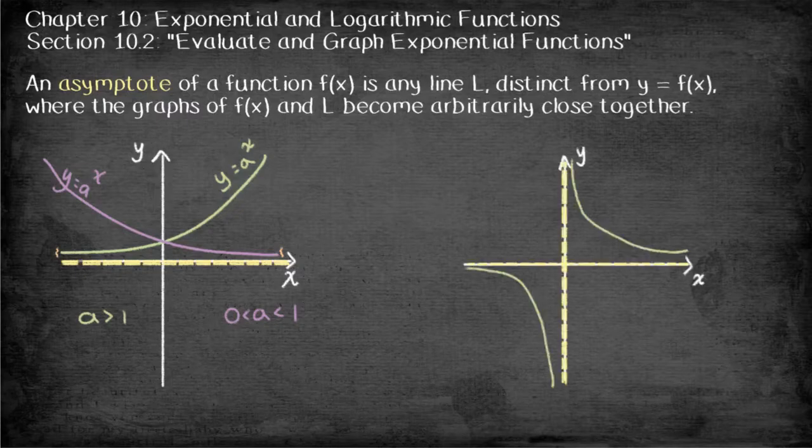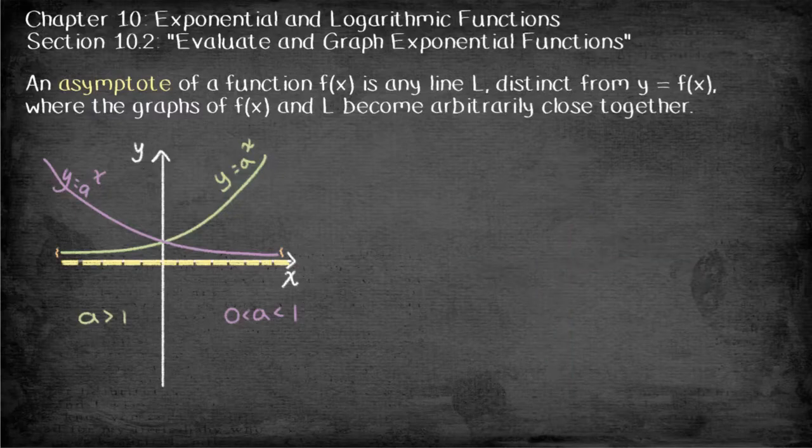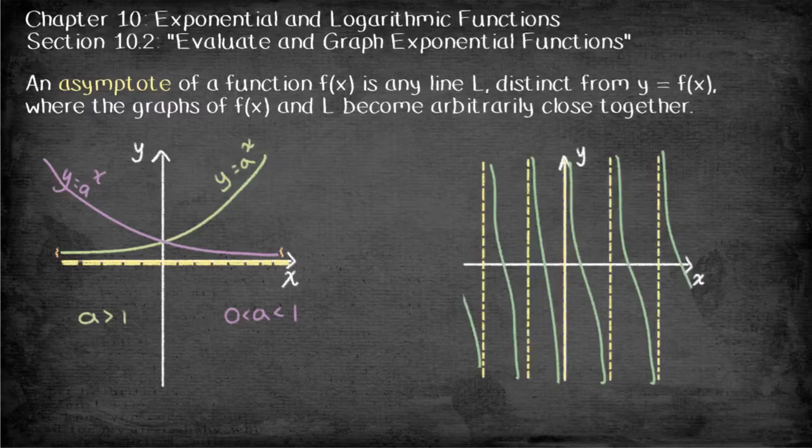Some other examples of asymptotes would be if you had a function that looked like this, that approached both the y and the x-axis. This is the function 1 over x. Then it's possible to have multiple asymptotes. In fact, not only is it possible to have multiple asymptotes, but it's also possible to have infinitely many asymptotes.